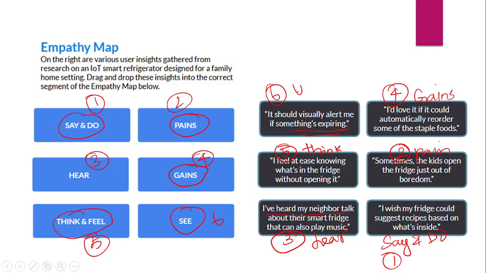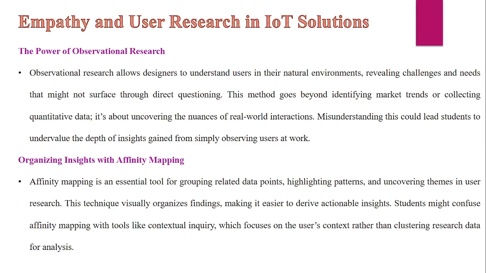So this is a perfect example of empathy mapping. Based upon the keywords I am getting from the users, the designers have to map everything to the particular mapping. So here, empathy and user research and IoT solution. The designer has to observe the user clearly, and you have to use the affinity mapping method.